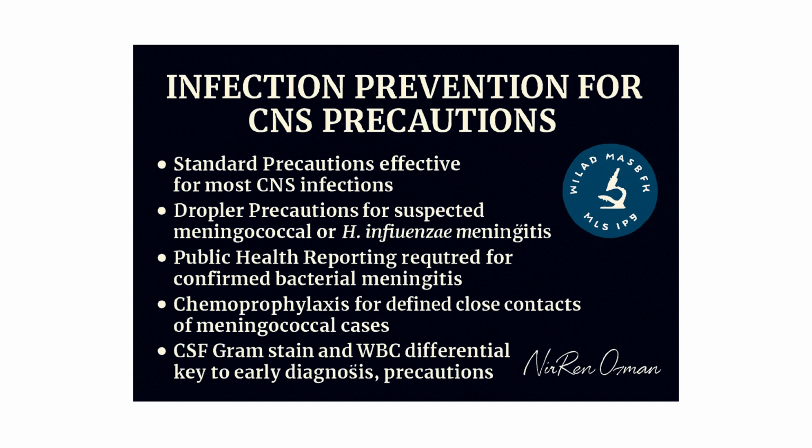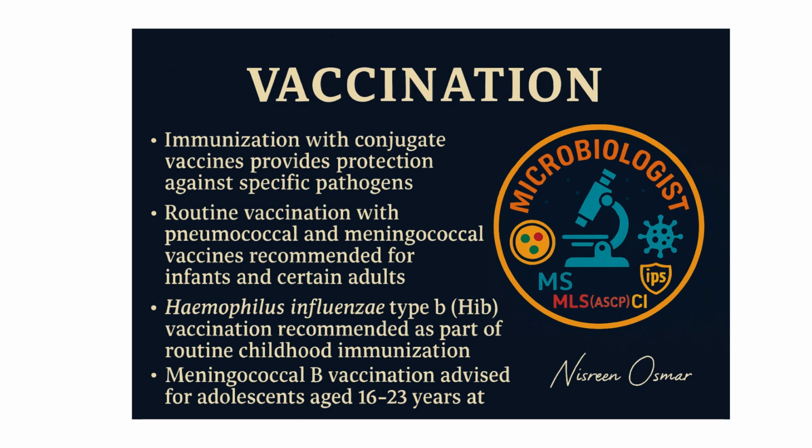Pneumococcal vaccines, which are PCV13 and PPSV23, are essential for infants, older adults, and immunocompromised populations. Meningococcal conjugate vaccine, which is MCV4, and serogroup B vaccines are recommended for adolescents, college students, and high-risk groups. CBIC candidates should know this also.